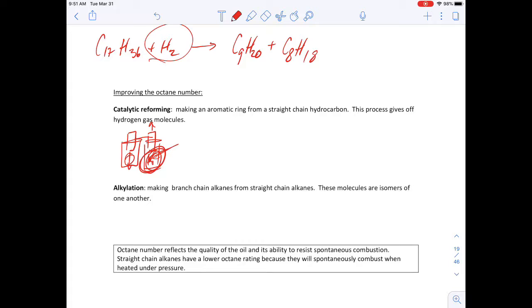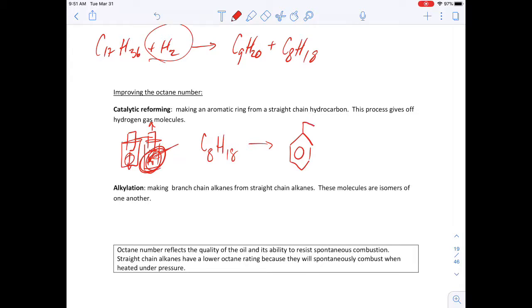And the way they do that is by making more aromatic rings and more branched alkanes. So if I had C8H18, it could make a benzene ring through catalytic reforming that uses 6 of my carbons, and then an ethyl.